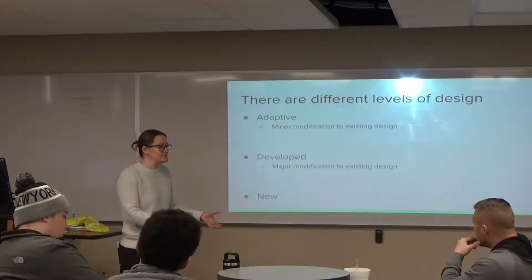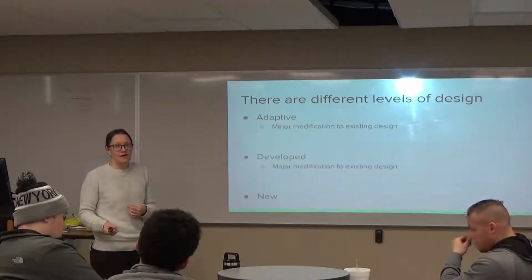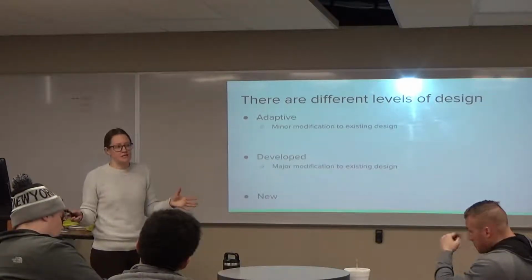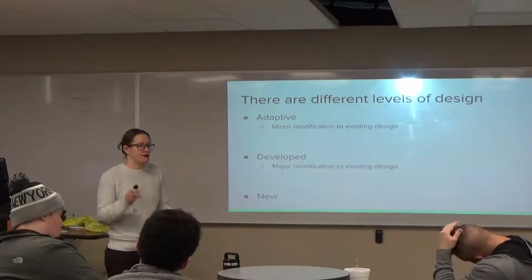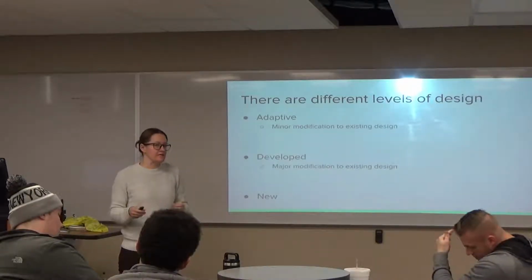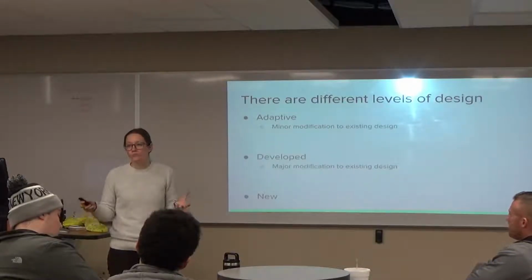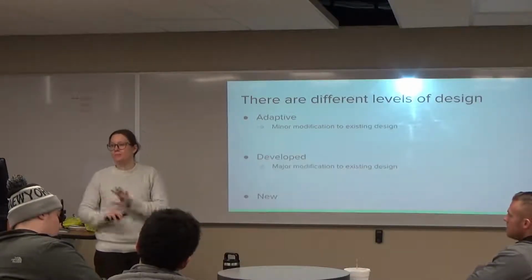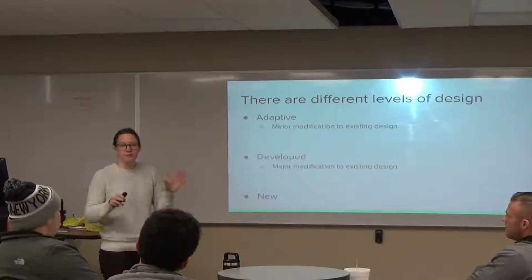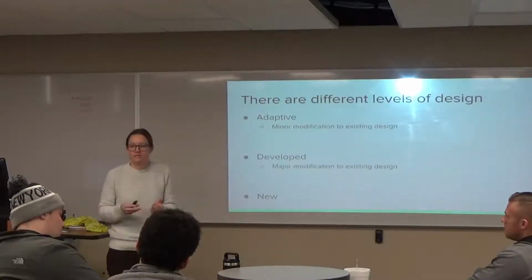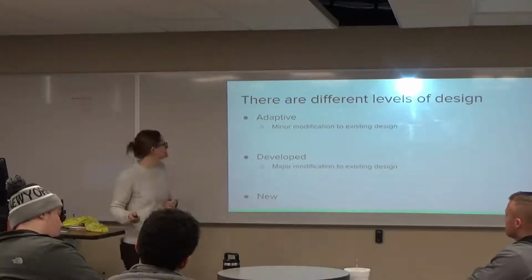So you can take some existing design and tweak it a little bit, or maybe there's some major thing that you can add to it or modify on something that already exists that would make it better, all right? These are all ways to design, so you don't have to come up with something completely new. You can build off of other ideas or even just modify them slightly.